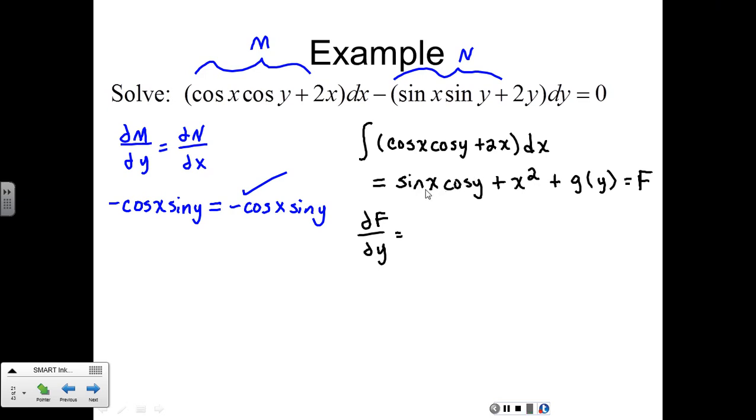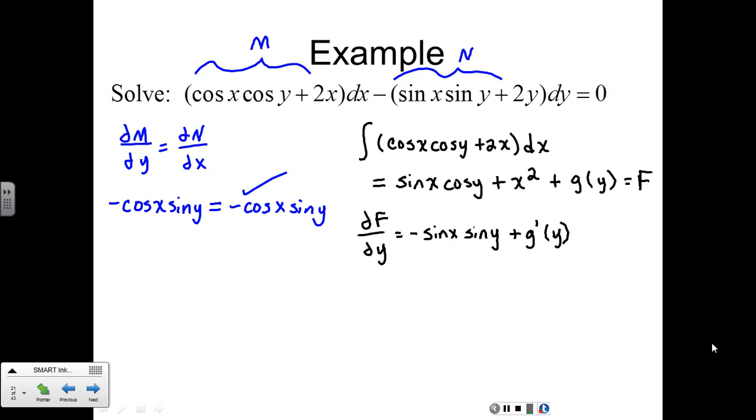The sine x is going to be a constant. The derivative of cosine is going to be negative sine. So that would be negative sine of x sine y. The derivative of x squared with respect to y would be nothing. And the derivative of g of y would just be plus g prime of some y function we don't know.